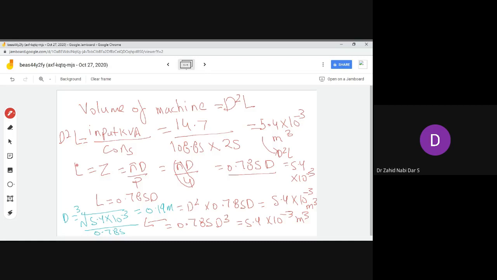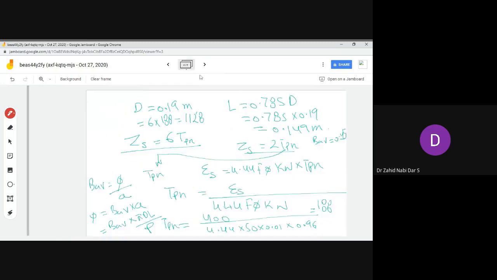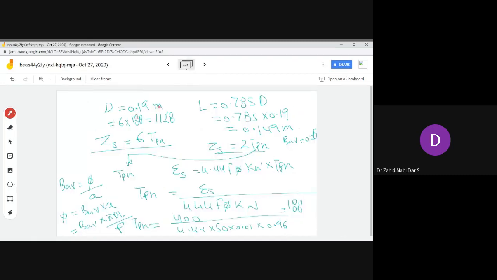There was one relation, L is equal to tau, that is pi D by P, pi by 4, which I took as 0.785 times D. Substituting back, 0.785 D cube is equal to 5.4 into 10 power minus 3. Then D cube is 5.4 into 10 power minus 3 divided by 0.785, and from here I got the value of D as 0.19.